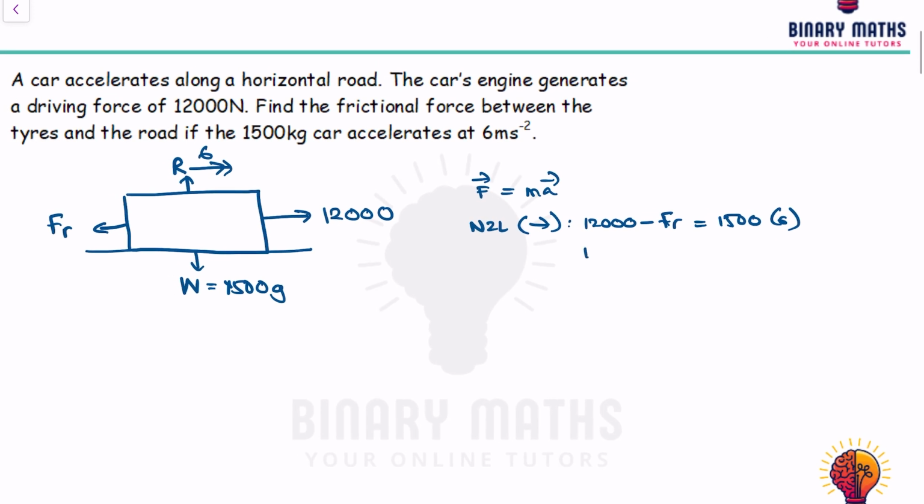Which means 12,000 take away friction must be equal to 9,000. So friction must be equal to 12,000 take away 9,000. Friction must be equal to 3,000 newtons.